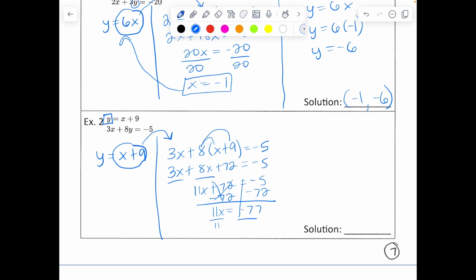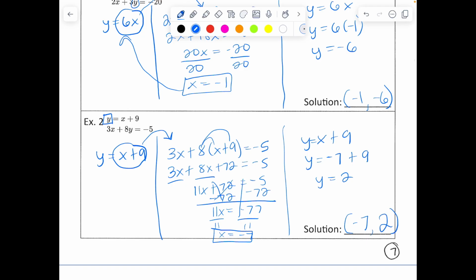I can divide by 11 on both sides, and I get x equals negative 7. Then step 3 is to take that x value and plug it back into our original equation. When I do that, I find that y equals 2. So my solution is negative 7, 2.